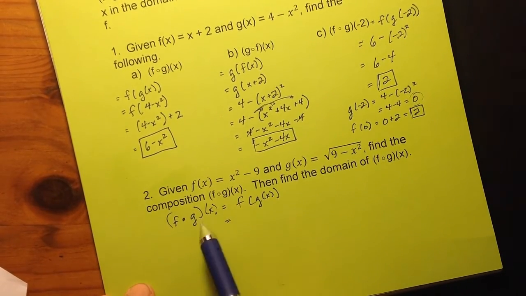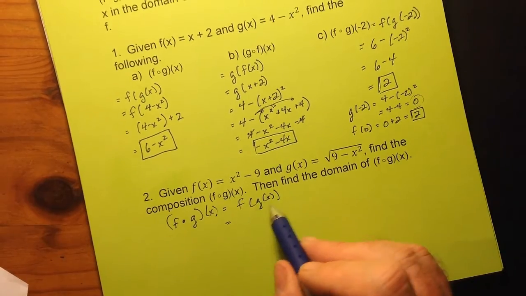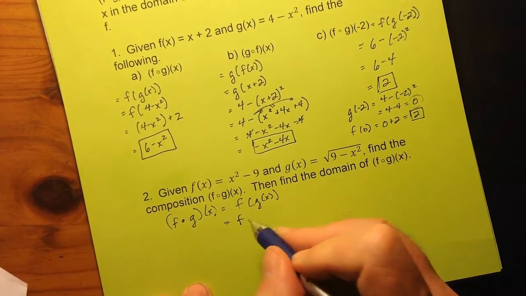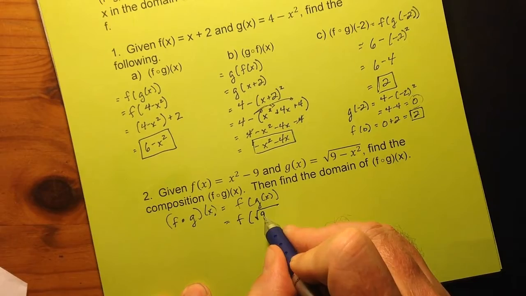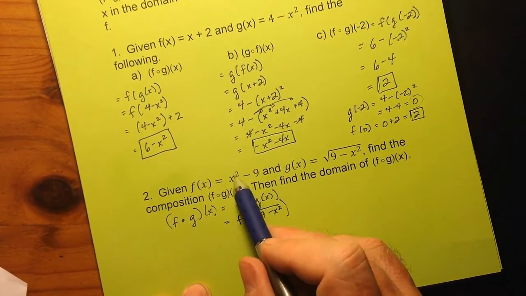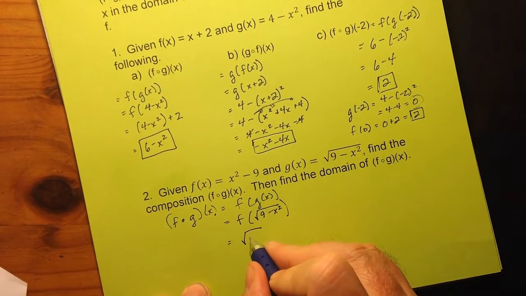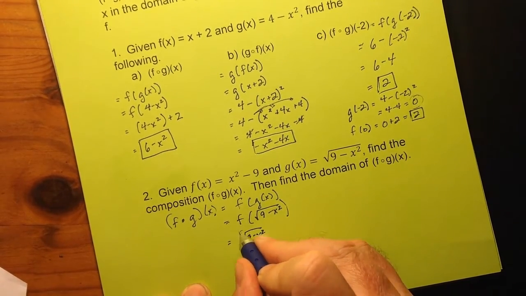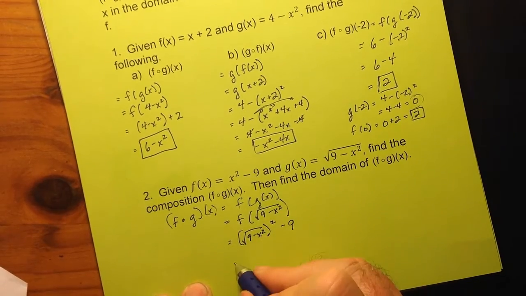Notice the f comes first, then the g, just like on both sides here. But I find it easier to follow if I write everything down. g of x is my square root of 9 minus x squared. So I'm going to take that and plug it into f. So where the x is, I'm going to put square root of 9 minus x squared, and then I'm going to square that and subtract 9.